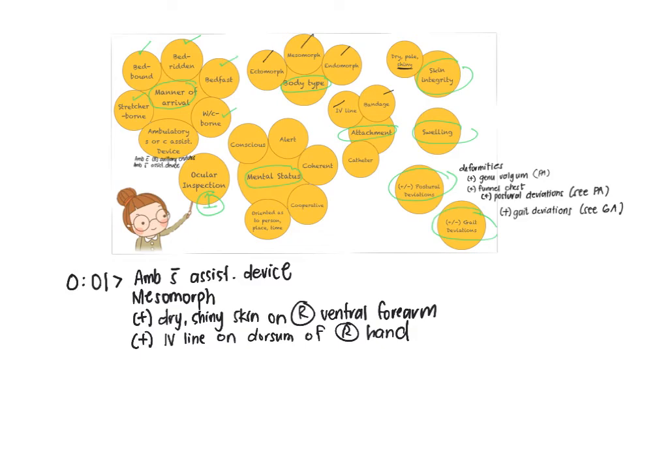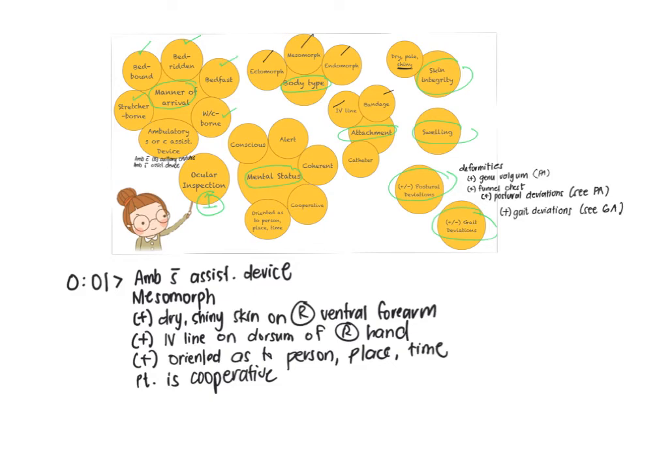Pwede rin patient is oriented as to person, place, time. Patient is also cooperative. So it depends, no, on the findings that you got from the patient.